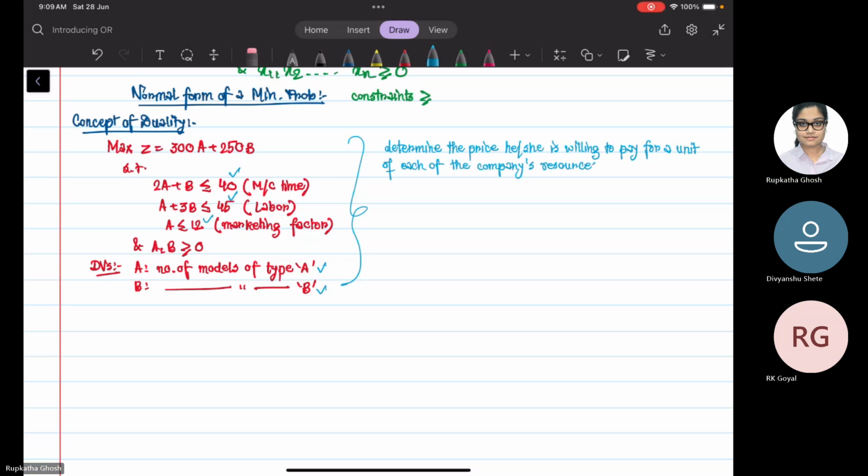If they want to purchase all of this machine, labor, and also the marketing factors, they need to know the price that they want to pay for each of these resources.